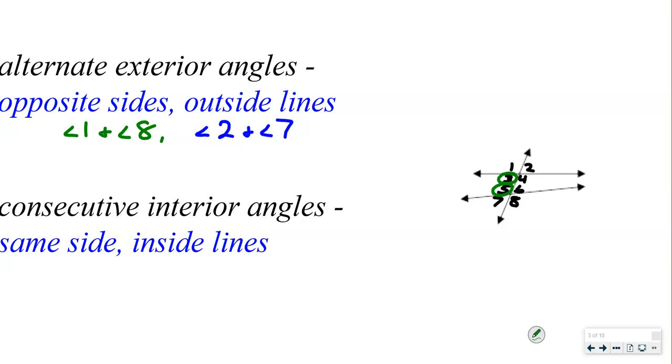So we would have 3 and 5, angles 3 and 5, and then 4 and 6. Those are consecutive interior angles.